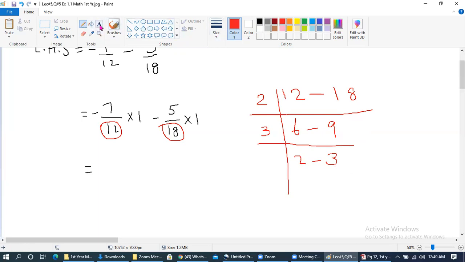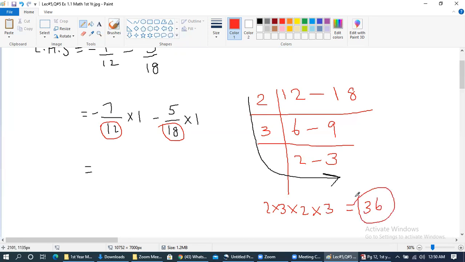Therefore, we'll multiply all of these quantities: 2, 3, 2, and 3. You may write it using arrows. So these all are multiplied with each other, and when you multiply them, the result is 36. So 36 is the least common multiple of 12 and 18.